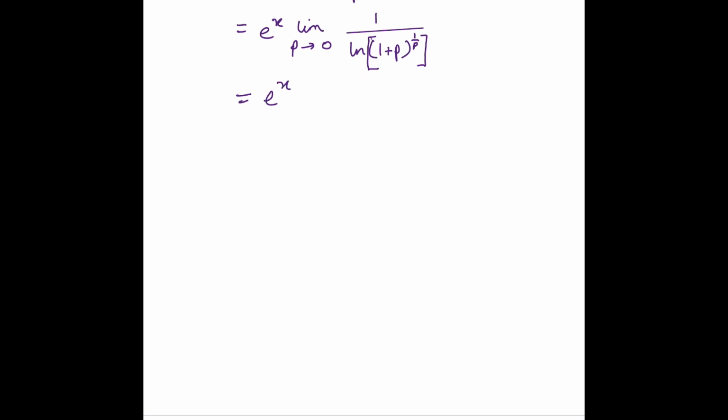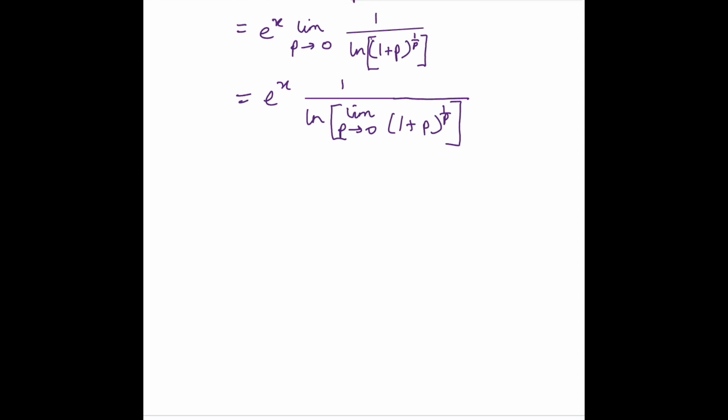I'm going to bring the limit into the ln. I'll show you what I mean in a second. So I'm going to get the ln, and then here, bring the limit in. So limit as p tends to 0 of (1 + p) to the power of 1 over p. I'm just going to have to extend this line here.